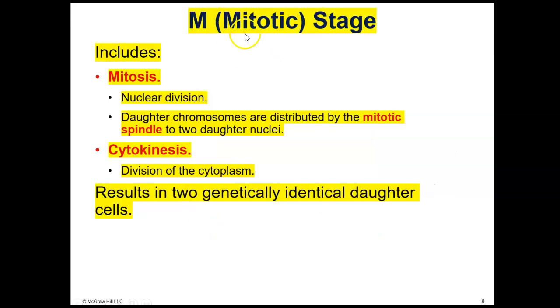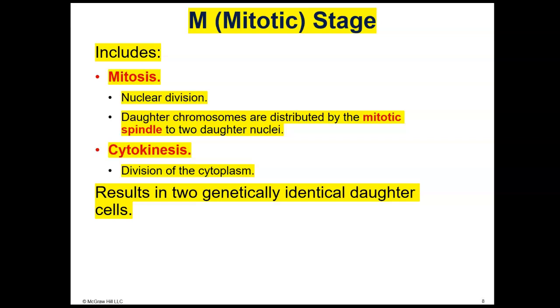Now, the M or mitotic stage includes mitosis and cytokinesis. Mitosis is the division of the nucleus. This is the part where the chromosomes located inside the nucleus separate, because they consist of two sister chromatids. Those two sister chromatids will separate. One will go into one daughter cell and the other will go into the other daughter cell.